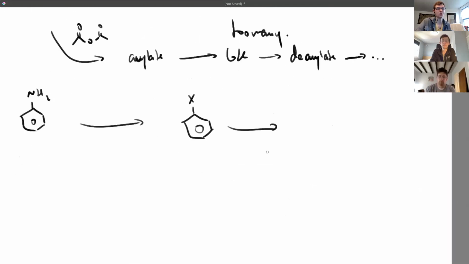So from here we'd be able to add CO2. Yeah, exactly. Is that one step? Making your Grignard, then reacting with CO2, then acid workup? Yeah, that's pretty reasonable to call one step.